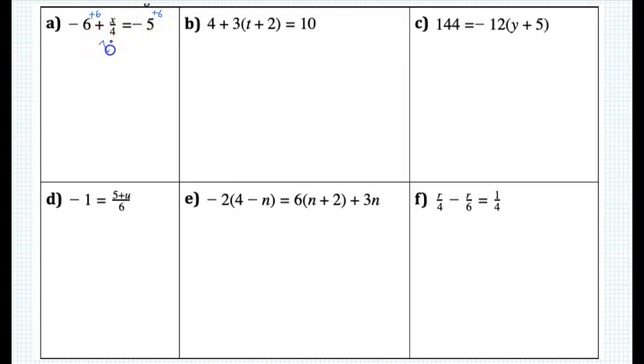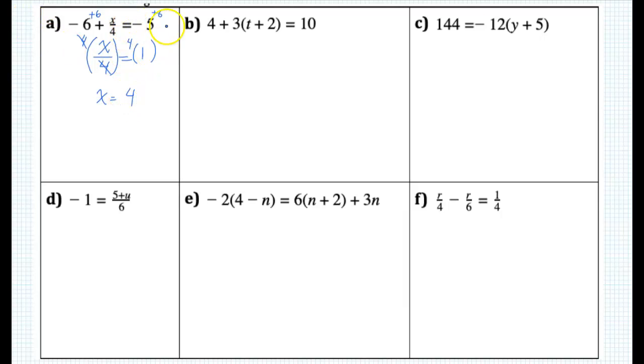And then I would have x over 4 is equal to, when I add 6 here, I end up with 1. Then I want to undo the division by multiplying both sides by 4. So remember, we always do the same to both sides, otherwise it won't be equal. When I do that, I undo this division, so x is equal to 4.